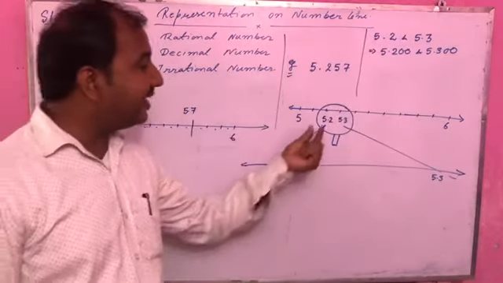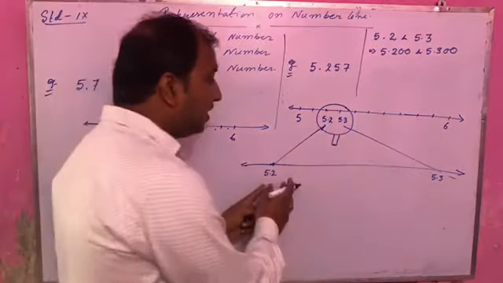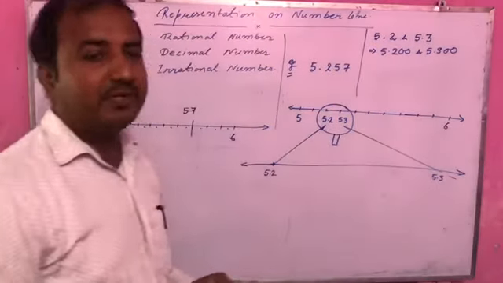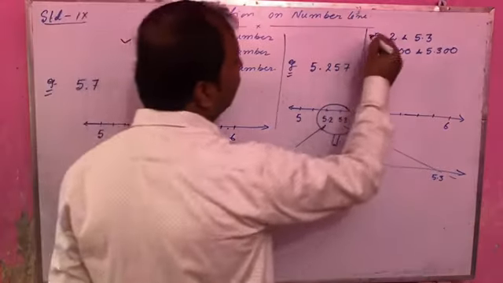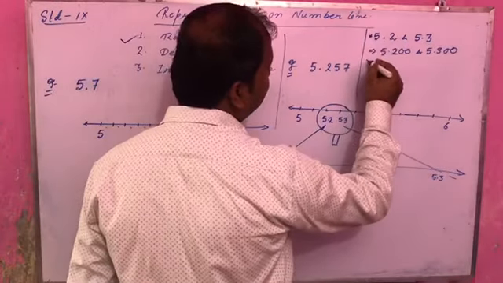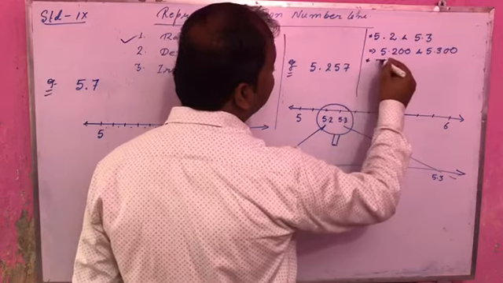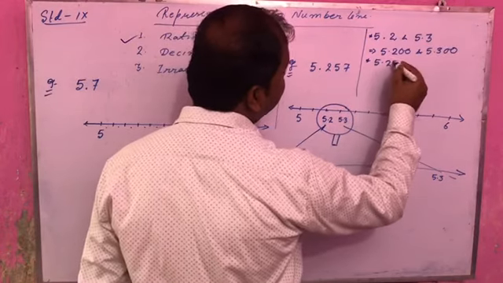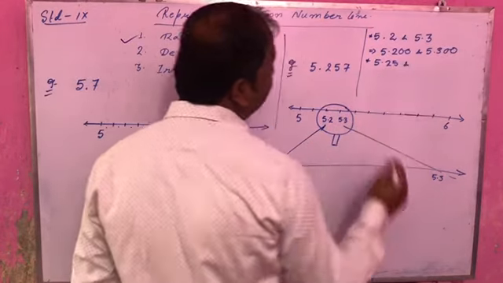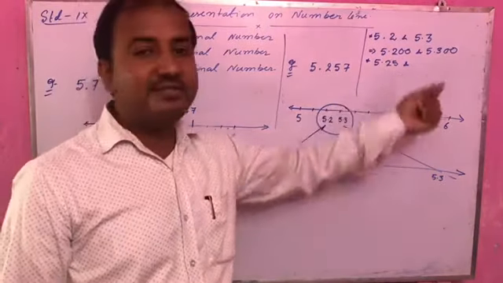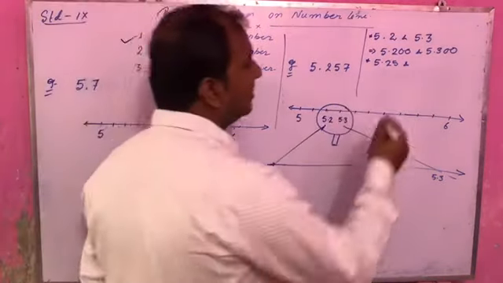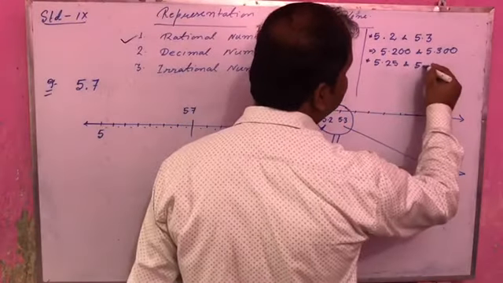After magnifying this distance, now this will be in this way. Now just go through the 100th place. What is your 100th place? Your 100th place is 5.25, and the number must lie between 5.25 and 5.26, 25 and 26.